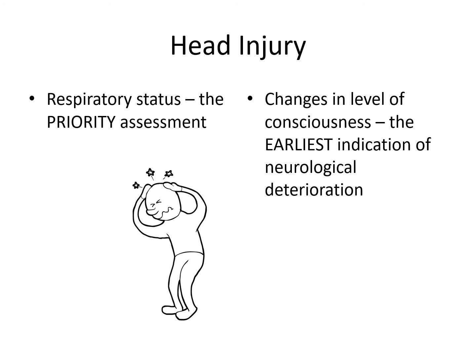Of course, I think you know that. But if they ask you, what is the earliest indication of neurological deterioration? You need to respond by saying changes in level of consciousness. Okay? So those are 2 major things that you should understand and be able to apply.